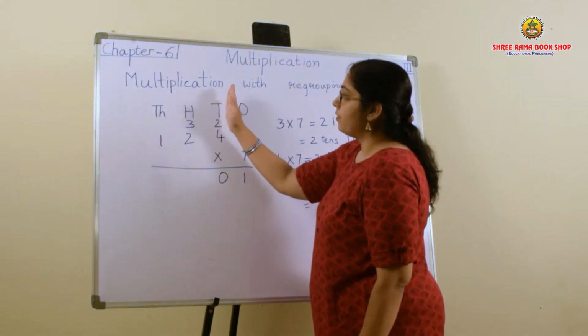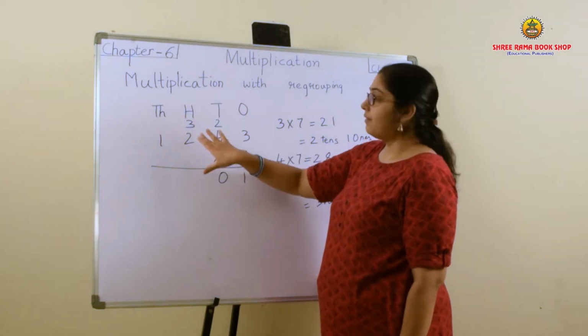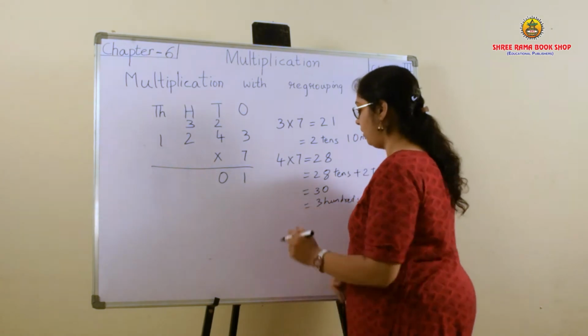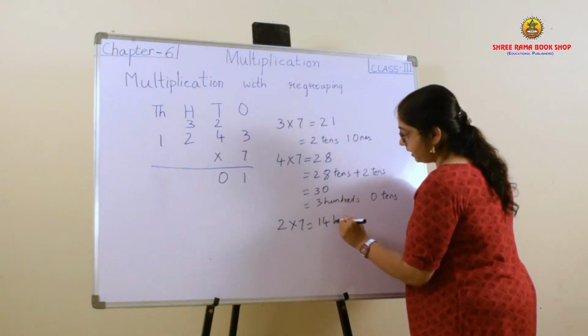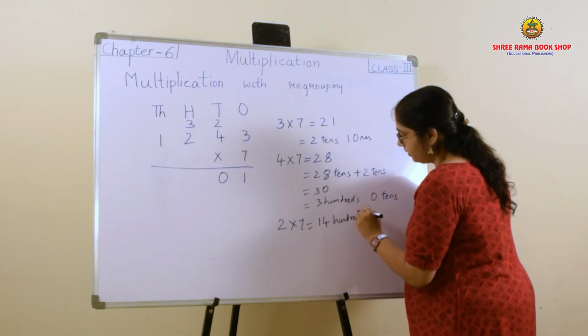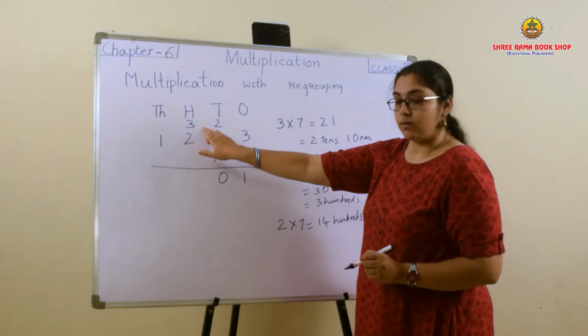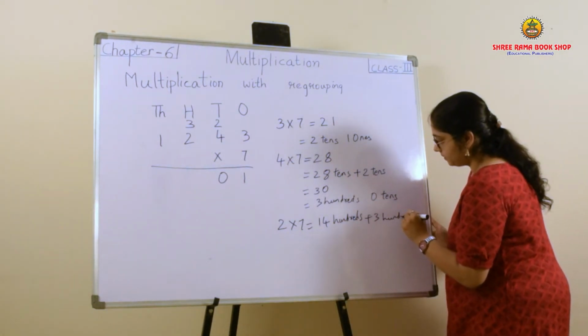Next, I will be moving from tens column to the hundreds column. In the hundreds column I have the digit 2. So I will be multiplying this digit 2 with 7. So 2 into 7 is nothing but 14 hundreds, and I will be adding 3, which is a carry in the hundreds column, plus 3 hundreds.